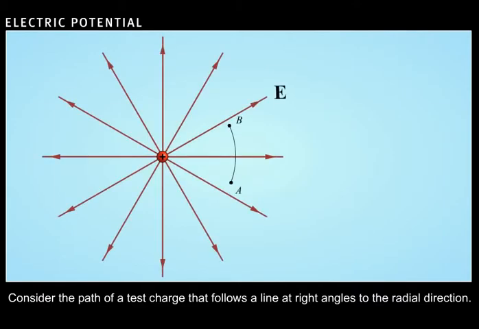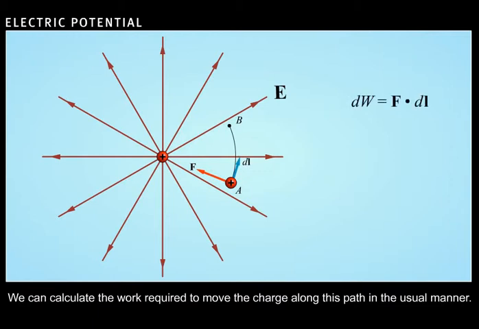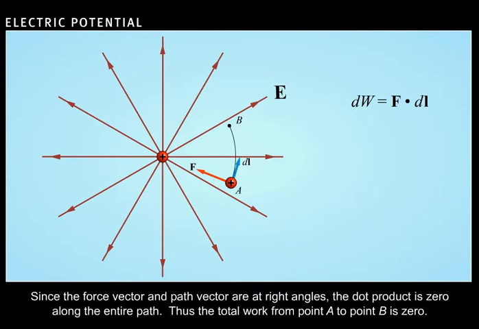Consider the path of a test charge that follows a line at right angles to the radial direction. We can calculate the work required to move the charge along this path in the usual manner. Since the force vector and path vector are at right angles, the dot product is 0 along the entire path.